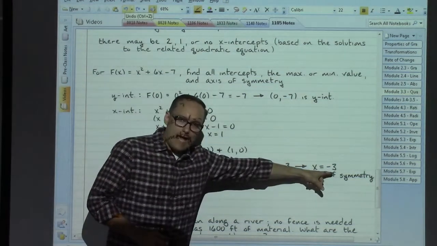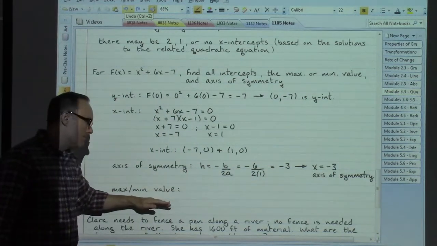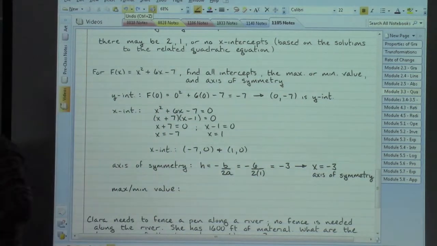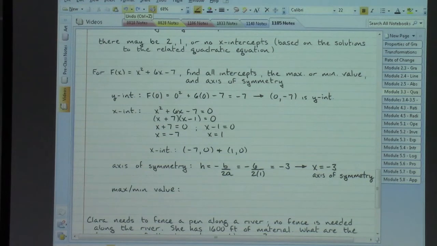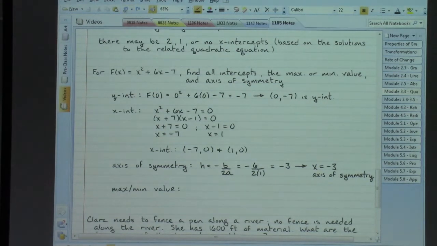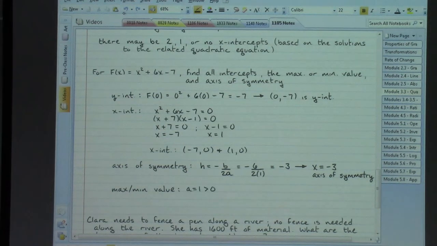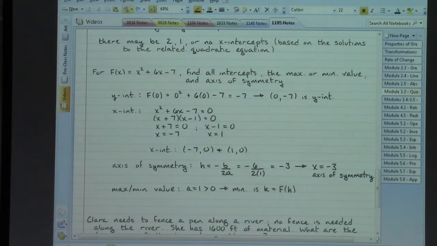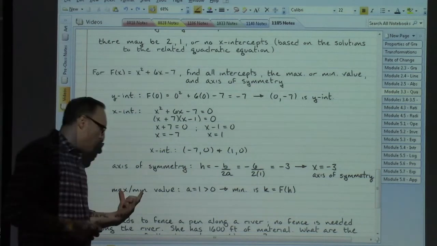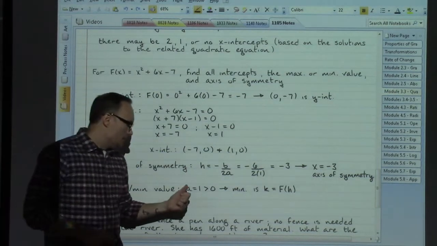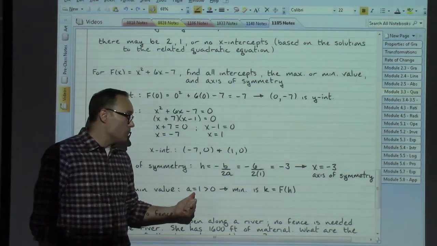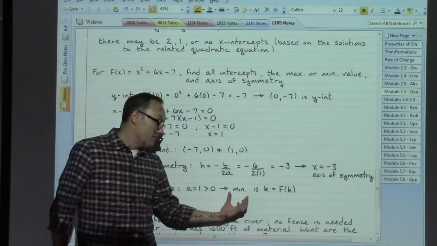I need that to figure out the max or the min value, because the max or the min value comes from the k. So the k is going to be giving us that value, but we need to know which is it, max or min, because this has a equals 1, that's positive.